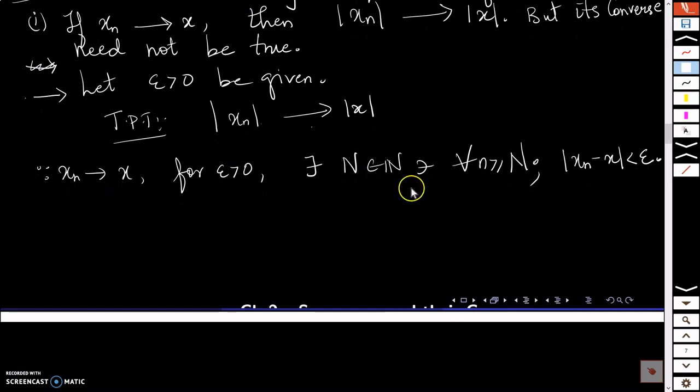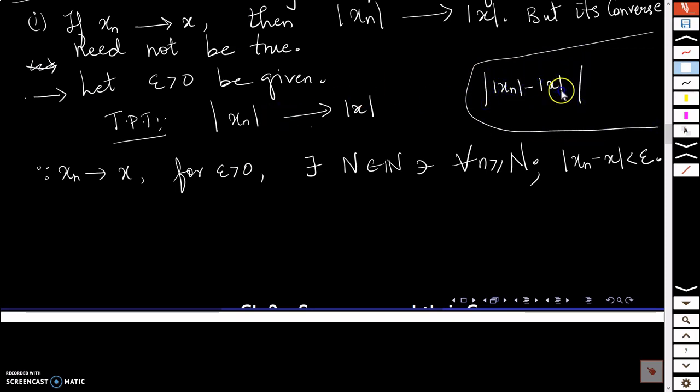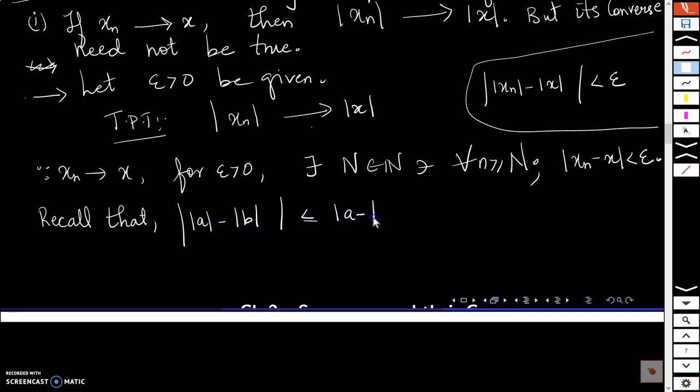What we have to prove now is the definition for the sequence mod xn. We have to find one natural number such that the modulus of mod xn minus mod x is less than epsilon after that natural number. In the first chapter, on the real number system, we did one property which said that modulus of a minus modulus of b is less than or equal to modulus of a minus b.